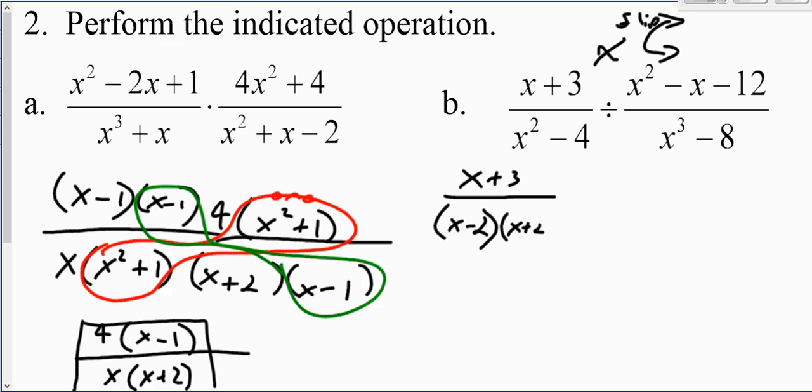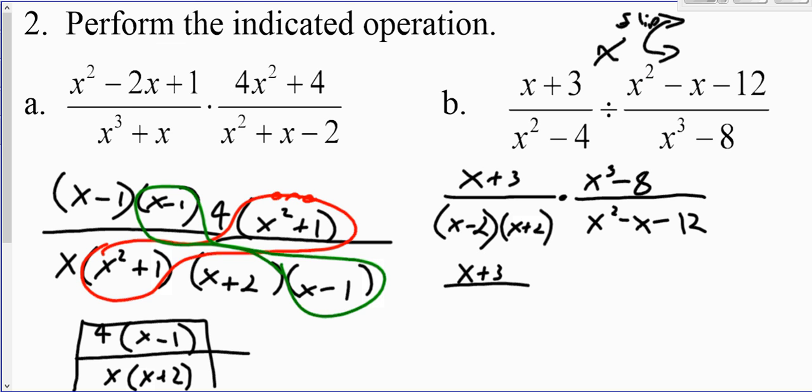And dividing, I'm going to multiply and go ahead and flip my signs here. So x cubed minus 8 is now in my numerator, and I'm going to get x squared minus x minus 12 here. And then again, I'm going to factor. These are going to stay the same.